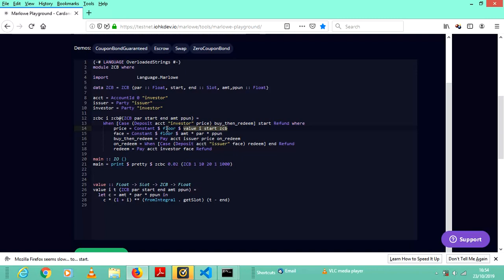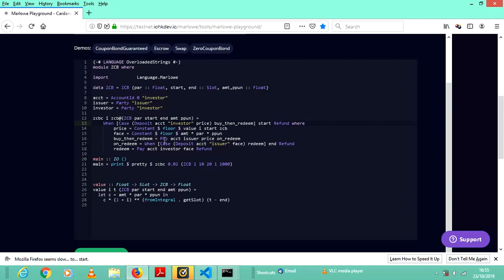And we can only put integers into blockchain contracts at the moment. So we have to call the floor function to transfer from a floating point to integer. Okay, so this will deposit the price into the investor's account, then it will go to the contract buy then redeem.